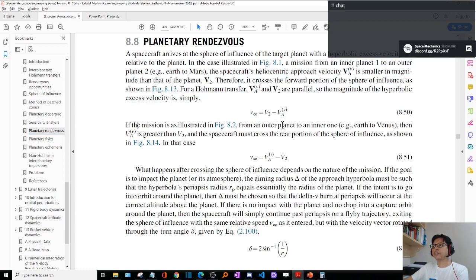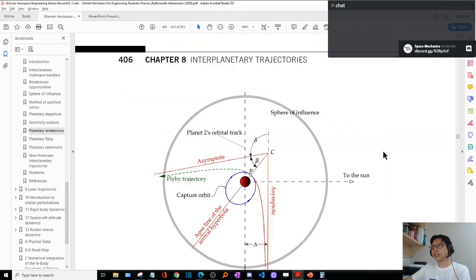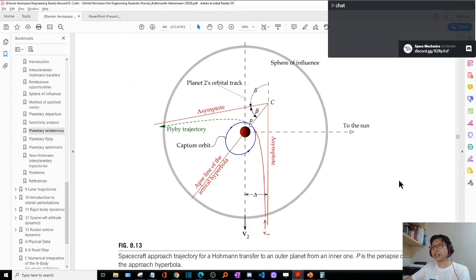So if you are going from an outer planet to an inner planet, Earth to Venus for example, then the spacecraft must cross the rear portion of the sphere of influence. So don't be confused by this one. For our analysis purposes, the geometry is correct enough.